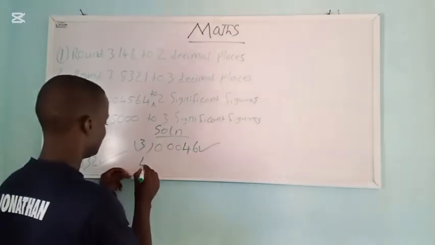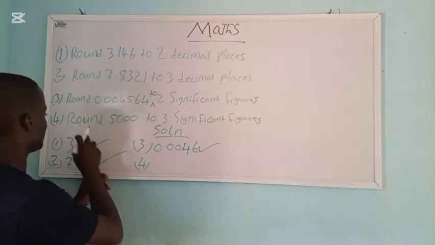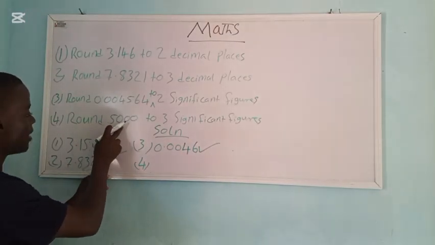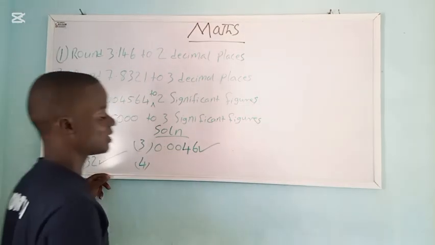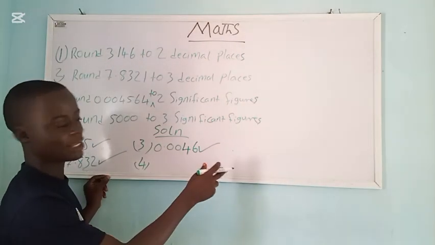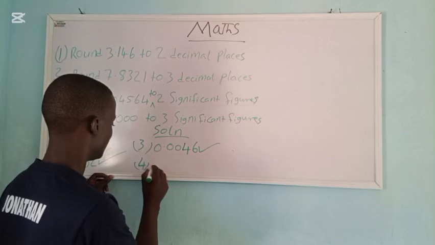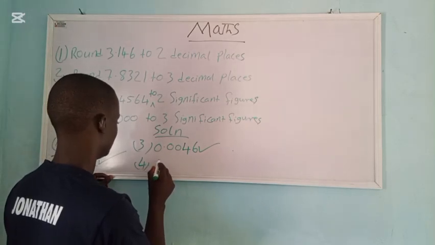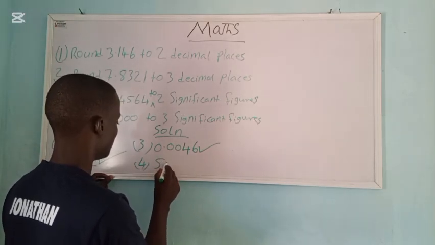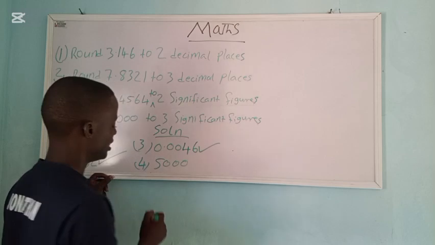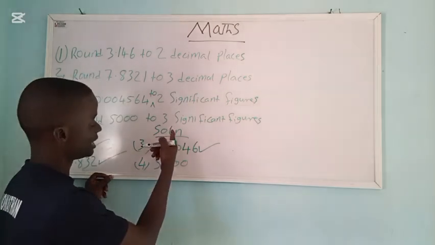So now let's go to 4. Round 5,000 to three significant figures. Remember what I explained here? So now we have 5,000, and they say to three significant figures.